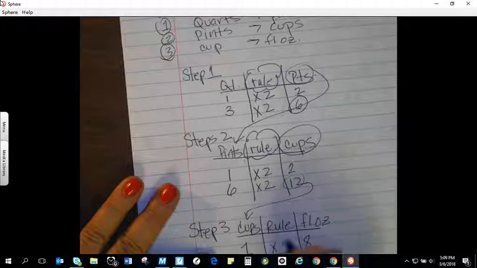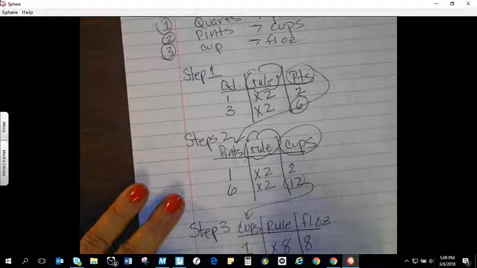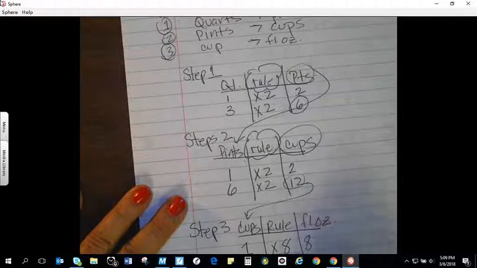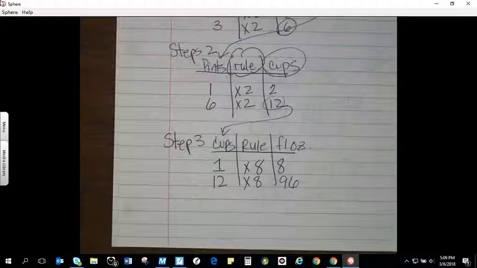I had to multiply that by 8. So I have 12 times 8, and that's going to give me, can you see that? I'm sorry, I covered that up. 96 ounces. Okay? So now I have 96 fluid ounces.